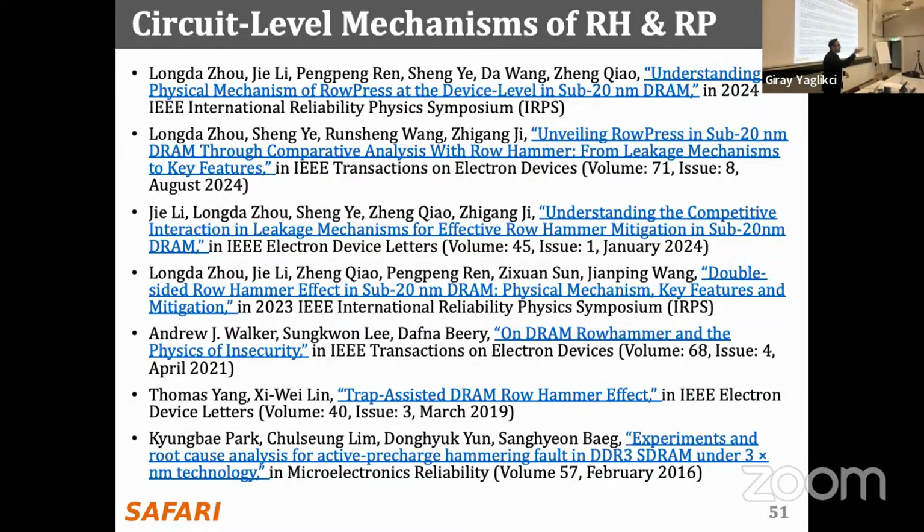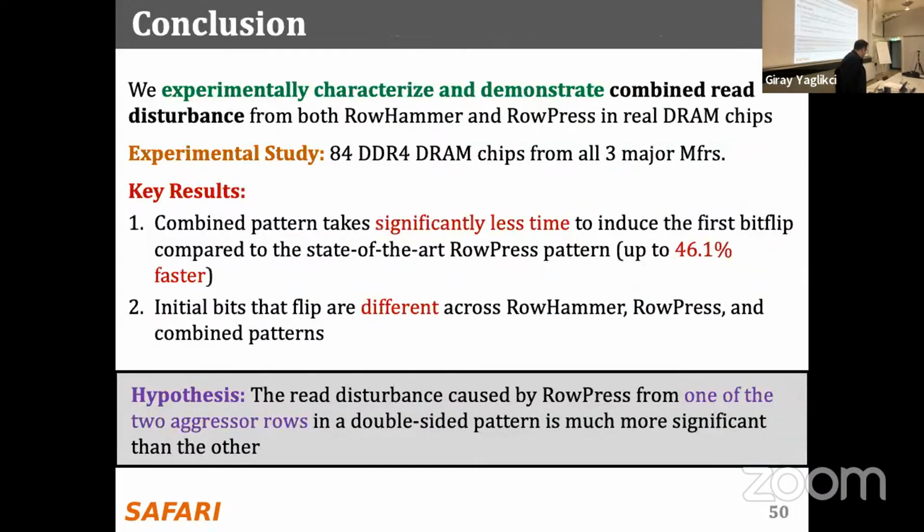Other questions? Yes. If I recall correctly, you mentioned that RowPress and RowHammer have different ideal temperatures at which they work better. I think you said that RowHammer often works in a very specific temperature zone, whereas RowPress works better the higher the temperature gets. So what I'm talking about is a combined attack.